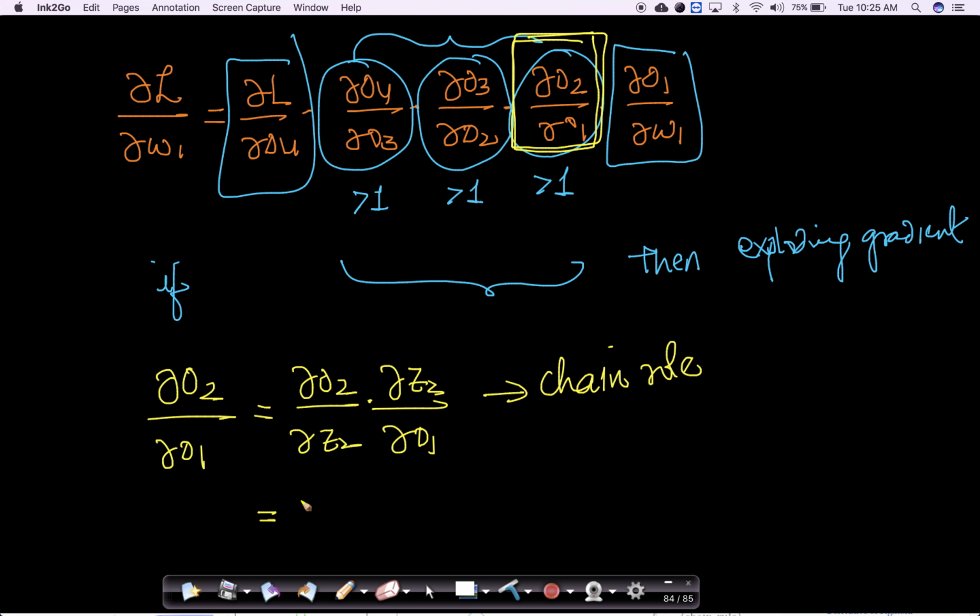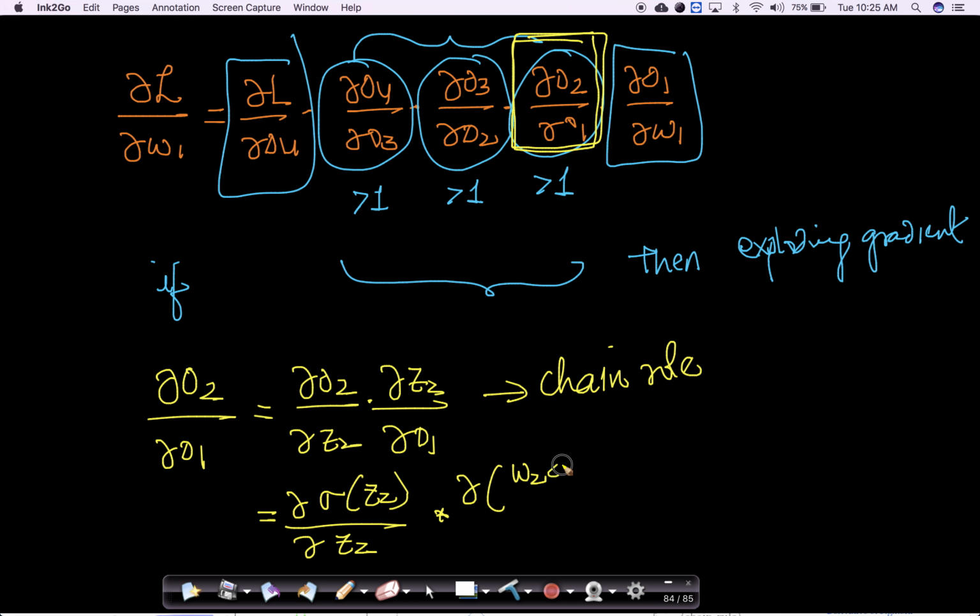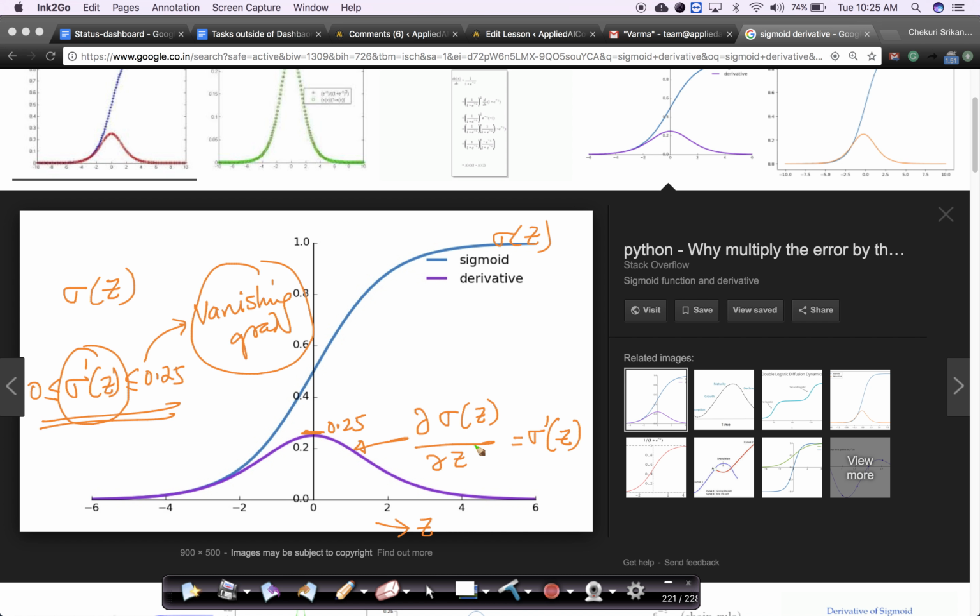And this is the derivative of O2 with respect to Z2 and the derivative of Z2 with respect to O1. What is this? This is nothing but the derivative of sigmoid of Z2 by the derivative of Z2. And what is the derivative of Z2 with respect to O1? What is Z2 here? If you look at the formula, Z2 is W2 O1 plus B2, with respect to O1. Now what is this equivalent to? If you recall, what did we write as the derivative of sigmoid of Z with respect to Z? Sigma dash Z, so we'll just use the same notation.